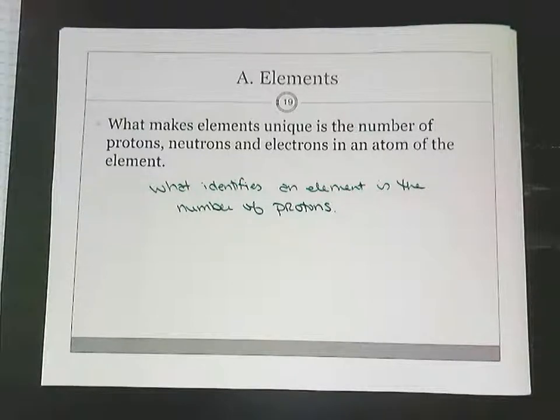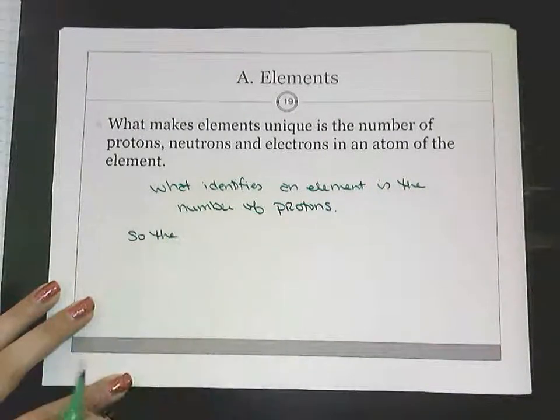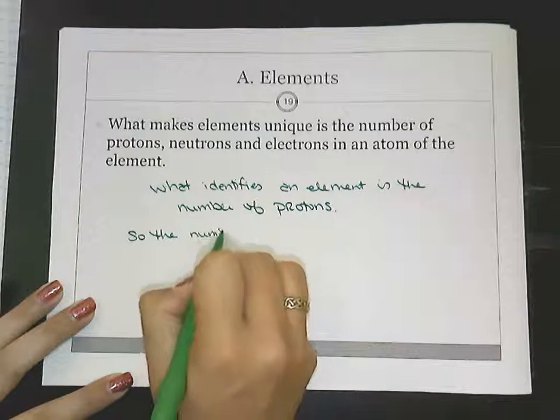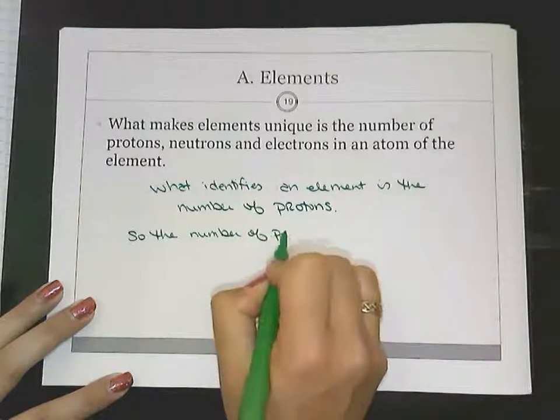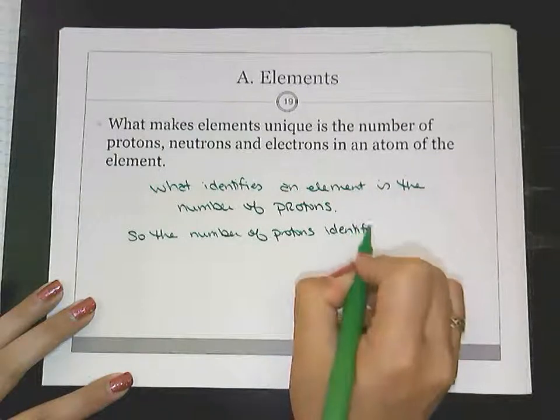So it tells me it's the only element out there that has 30 protons. There's no way, if it had 31 protons, it wouldn't be zinc anymore. It'd be gallium. So the number of protons identifies where the element is on the periodic table.